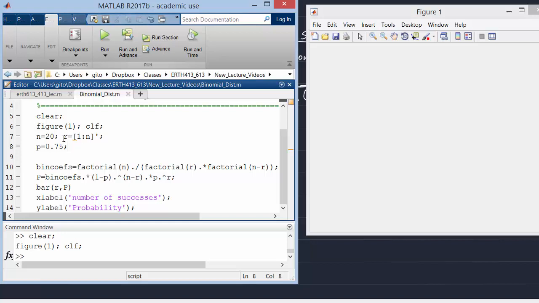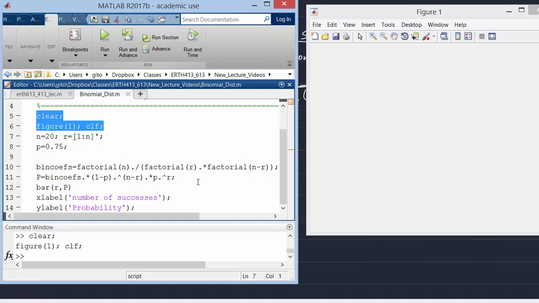And so I'm going to plot the probability for 1 success, 2 successes, etc., all the way up to n successes. And the probability of a single success, in other words, if you draw it once, the probability of getting a success out of one draw is 0.75.